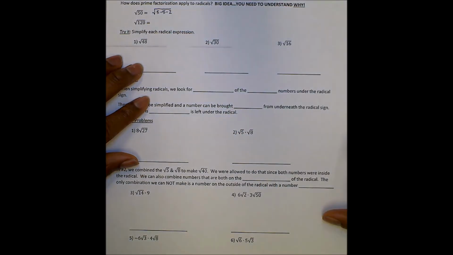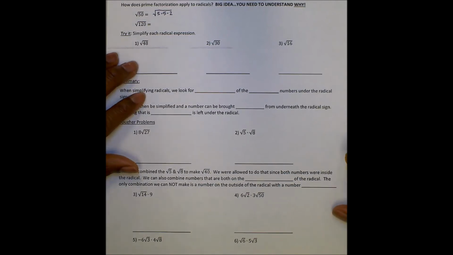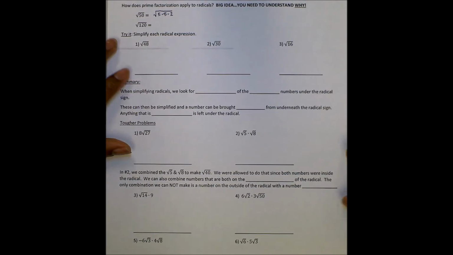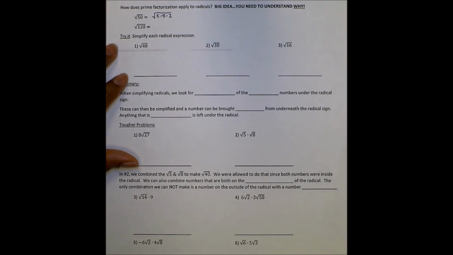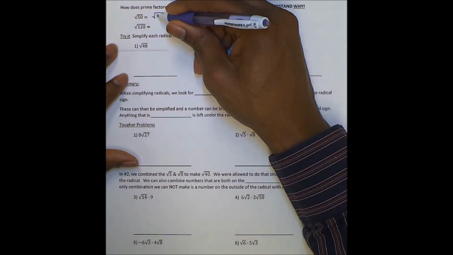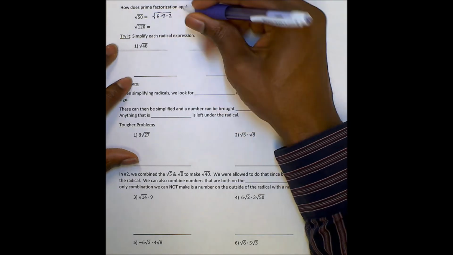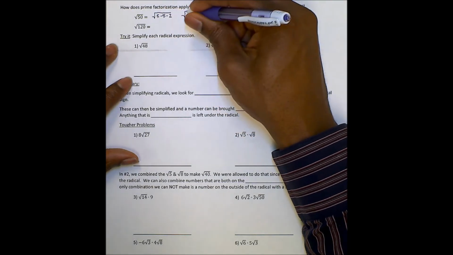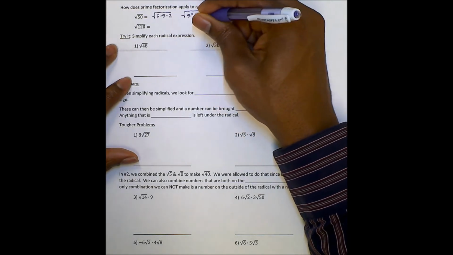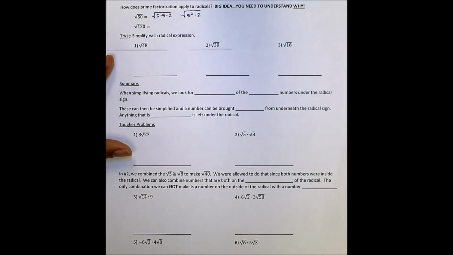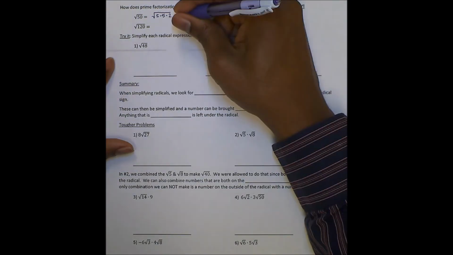When we are simplifying a radical, we look for any pair of numbers, because look what we have: 5 times 5. What is that? Well, that's 5 squared. 5 squared times 2. This is just the reasoning of why it works.